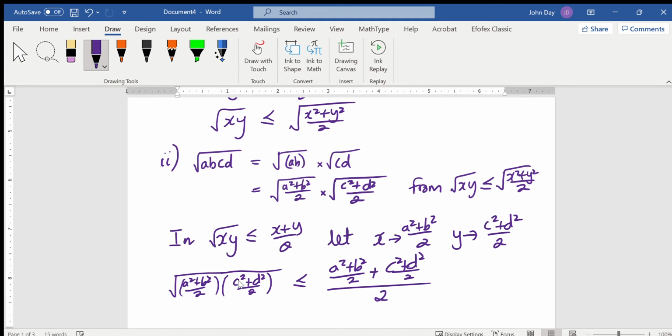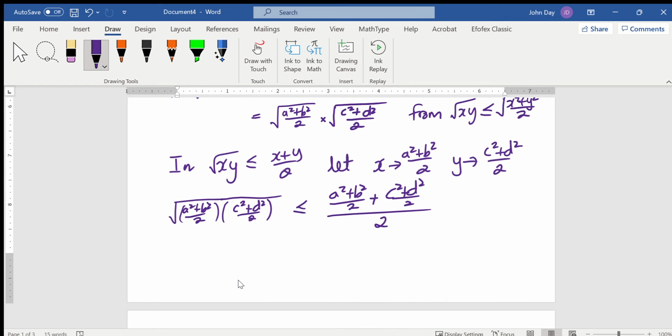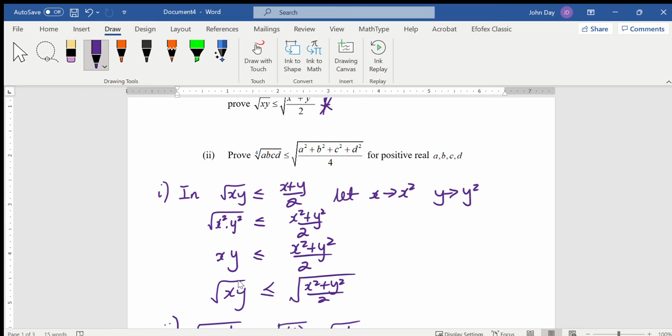So that makes sense because we get our a squared plus b squared plus c squared plus d squared, and it's on 4 on the right-hand side out of that. So that's equal to a squared plus b squared plus c squared plus d squared on 4, which, if you look at what we're trying to prove, that's the right-hand side's all good.